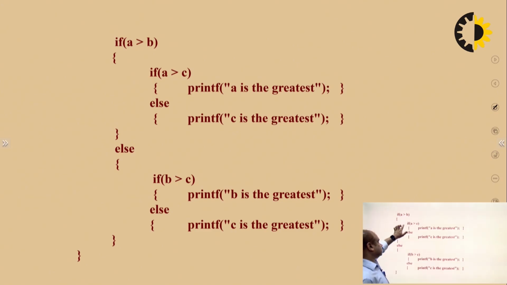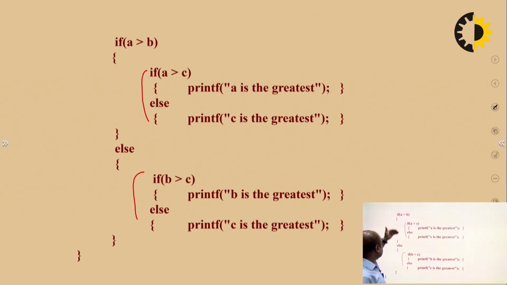In that case, this inner if block will be executed. Otherwise, we will check b is greater than c. So, if a is greater than c, in that case, this will be tested. Otherwise, c will be greatest.